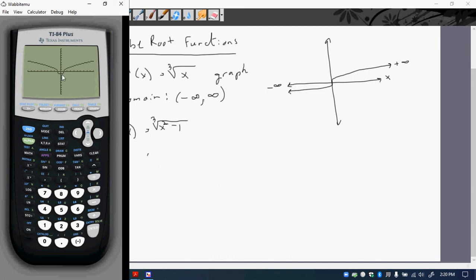For the range, though, that's a little different here. So let's say I'd like to zoom in on this. A new feature that I've never shown anybody yet is the Z box. So you go to zoom and we click the Z box. We pick 1. Nothing happens, but you do have access to your cursor.